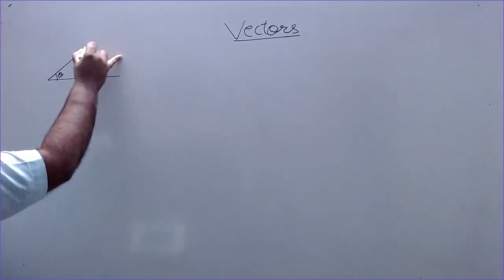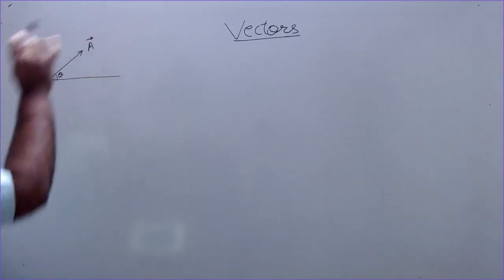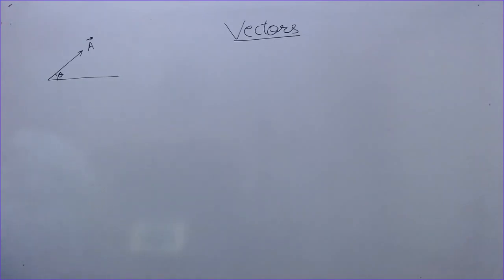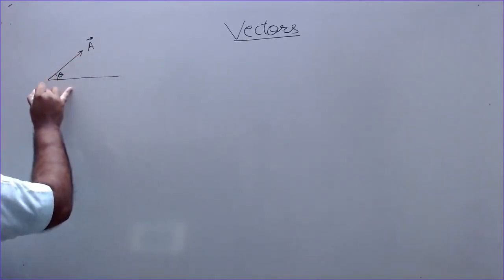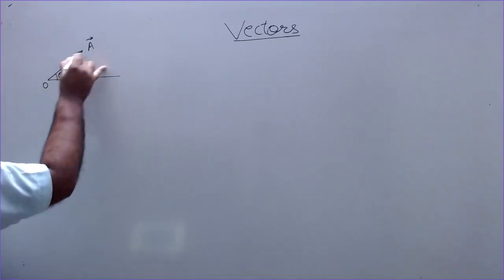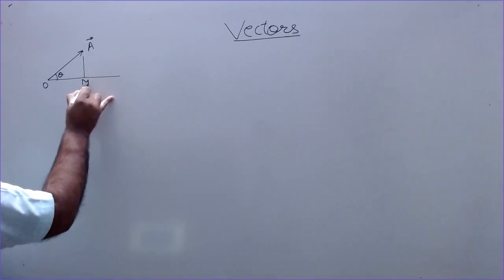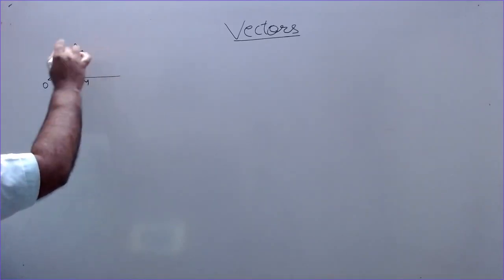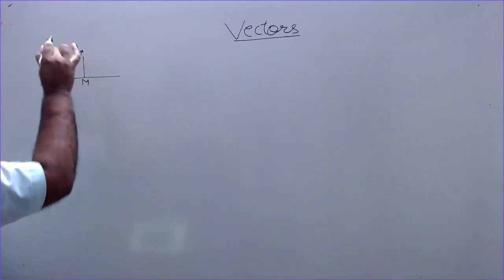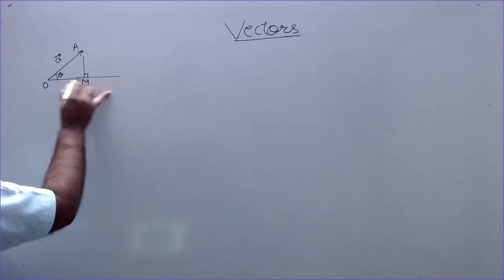We represent the vector by a small or capital letter with an arrow on it. This point is O. If I drop a perpendicular AM, this point is A, this is vector A, let this be small a, so it is perpendicular to this direction.